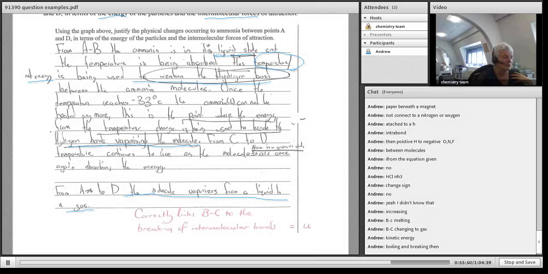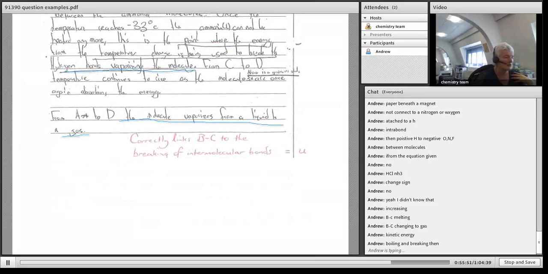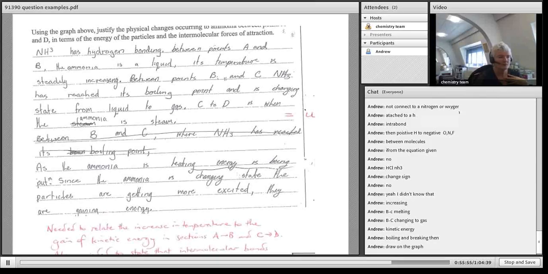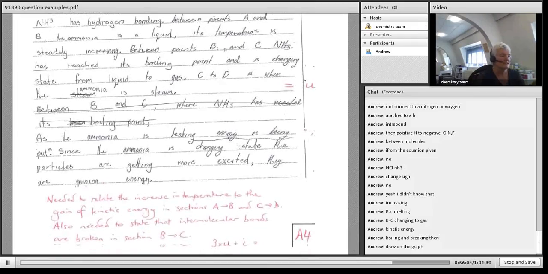If I go down, okay, right, you can draw on the graph as well, yes. So here's an example. They said they needed to relate the increase in temperature to the gain of kinetic energy in A to B and C to D. So they had the idea, but were also only given an understanding grade instead of in depth.